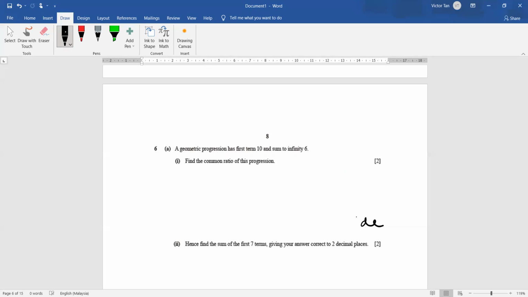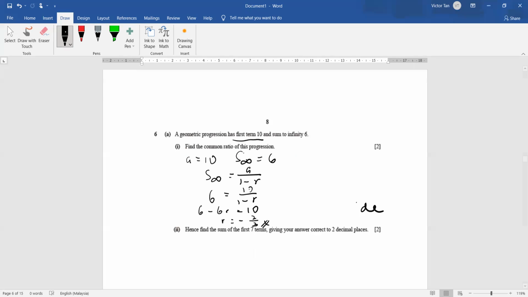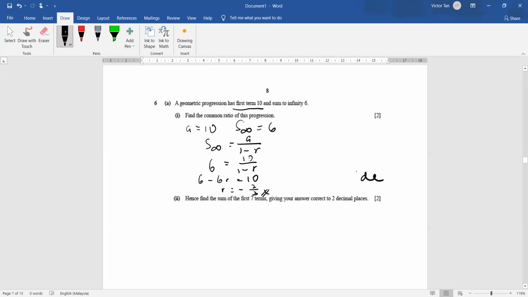So 6 equals 10 over 1 minus r, 6 minus 6r equals 10, 6r equals minus 4, r equals minus 2 over 3. Okay. Let's find the sum of the first 7 terms. Give your answer correct to 2 decimal places. So you want S7. Get a calculator.